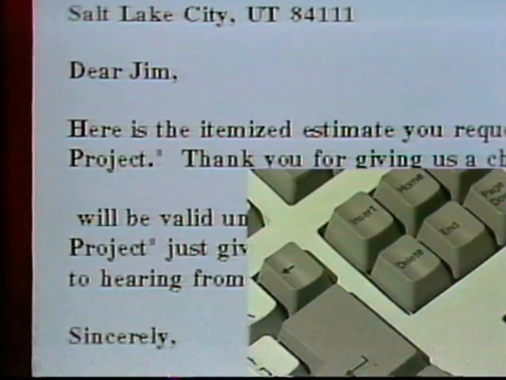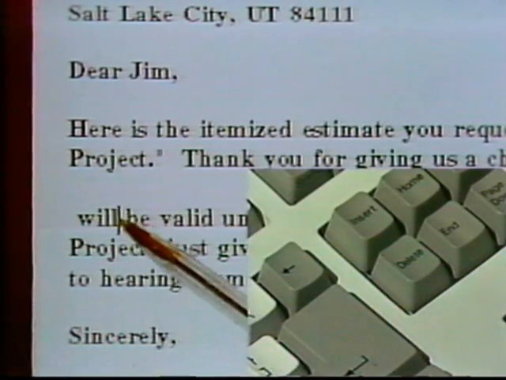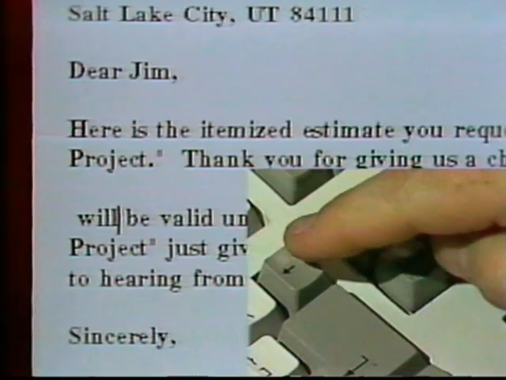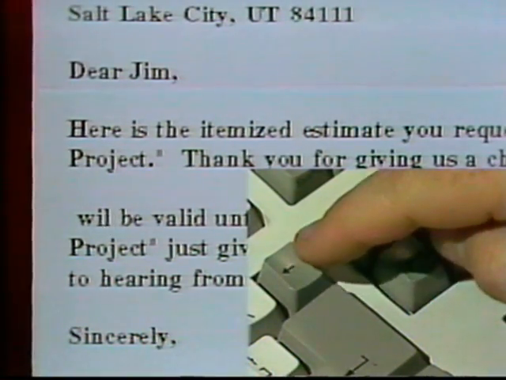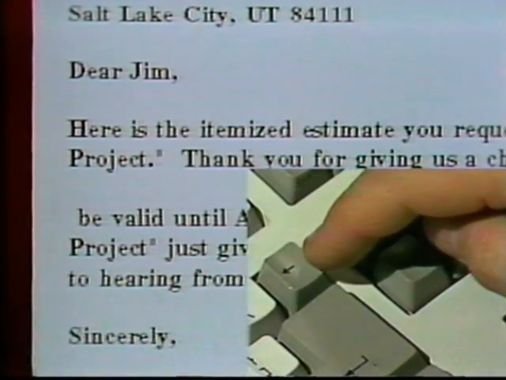You can also delete using the backspace key by first moving the cursor. We're using the arrow key now to move the cursor to a position following the word. We're going to delete the word will here. Move the cursor after the word and use the backspace key to backspace and remove the word.